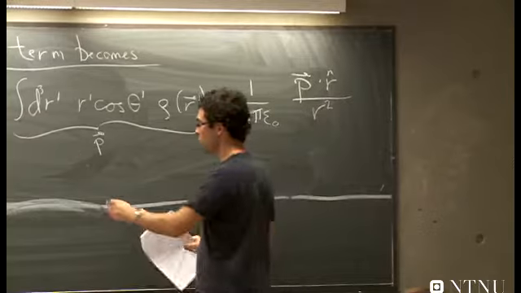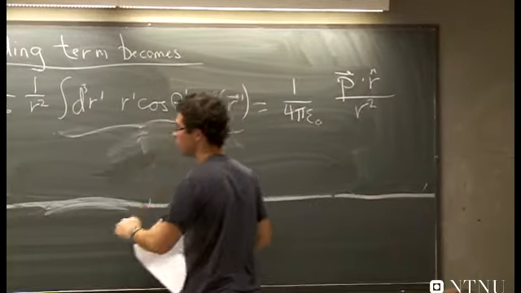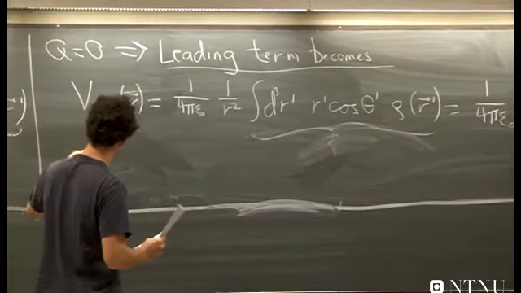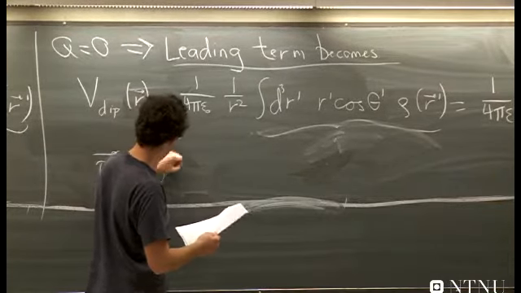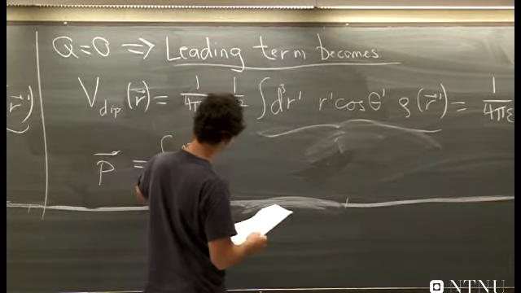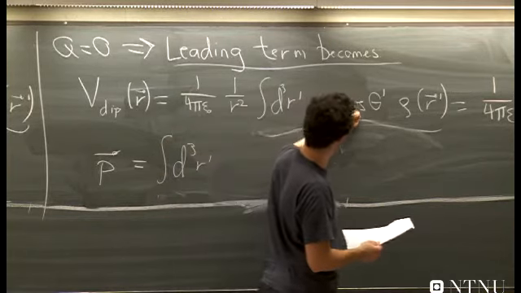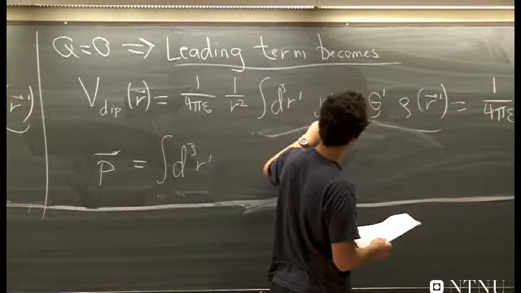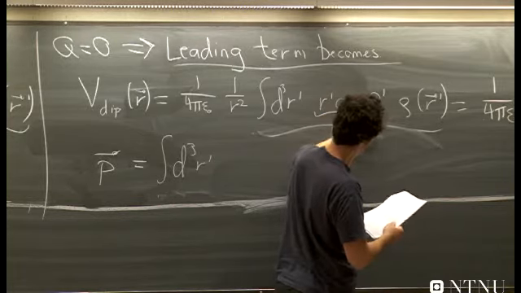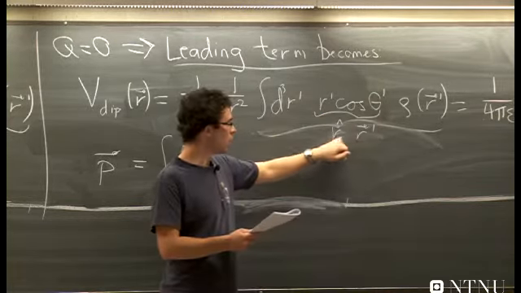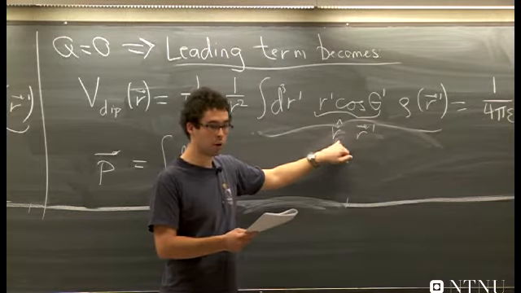The dipole moment is actually defined precisely as the following. This is essentially r hat dot r prime. I can move the r hat outside.